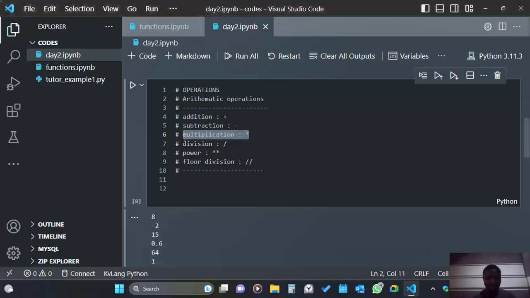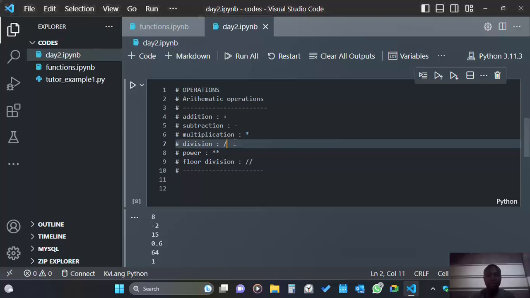We don't use an x; an x is a symbol, but not a multiplication sign. So if you want Python to recognize your multiplication operations, you use an asterisk. Then when you come to division, you use a slash.